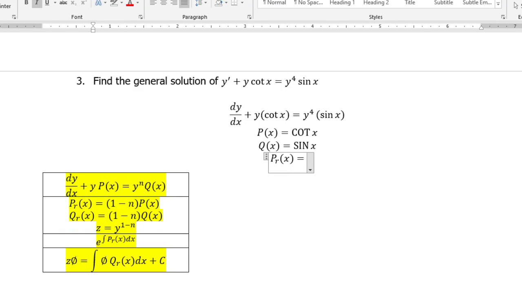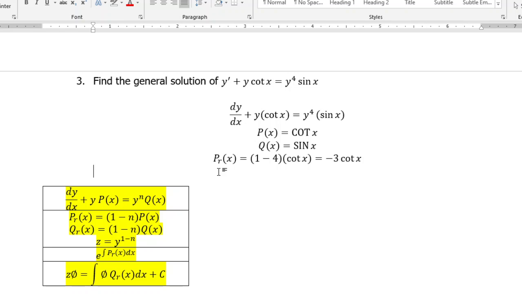So, equal to, ang n natin is 4, coming from the exponent nun. Multiplied by P of x natin, cotangent x. So, equal to negative 3 cotangent x.